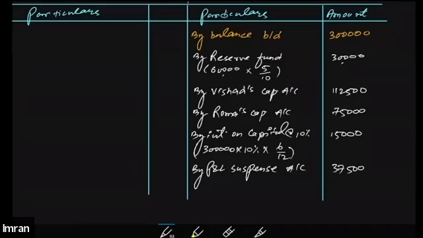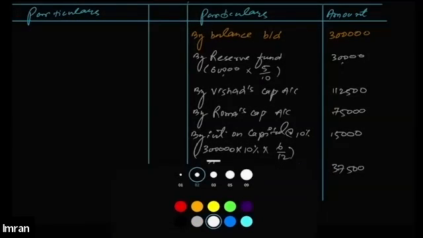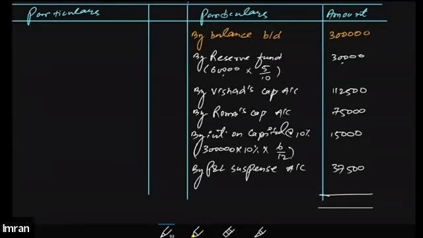Okay. So since it is clear, now you just need to find out the total of the credit side, and whatever value we get, the same amount will be transferred to the executor's capital account. So let me total this value. By totaling it, we will be getting, I think, 5,70,000.